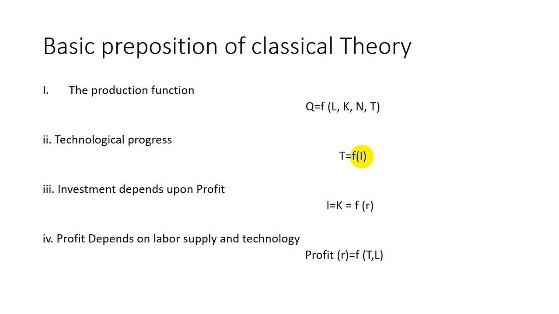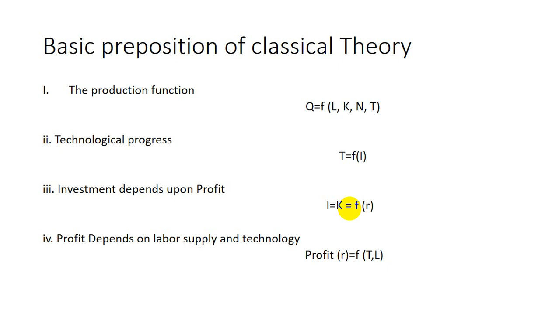Here K, investment, is the capital, and capital is a function of profit, where K is net addition to the capital, and R is the returns on capital investment, or you can say profit.